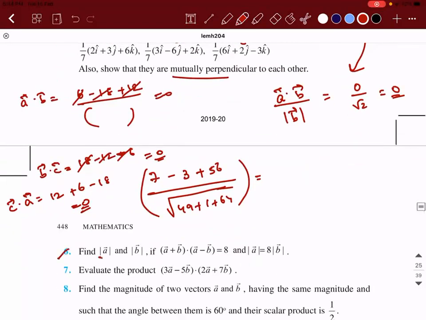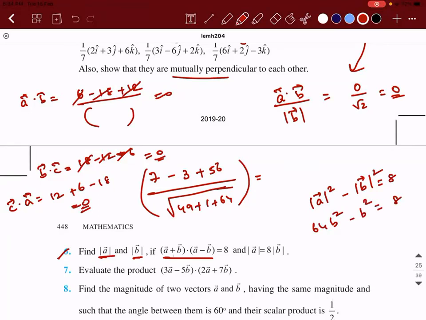Sixth one. Find magnitude of A vector and B vector if this is the case. So I can write magnitude of A square minus magnitude of B square is equal to 8. And magnitude of A is 8 times B. So 64 B square minus B square is equal to 8. Correct?